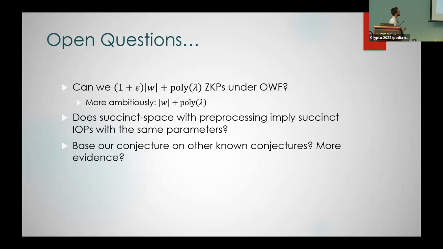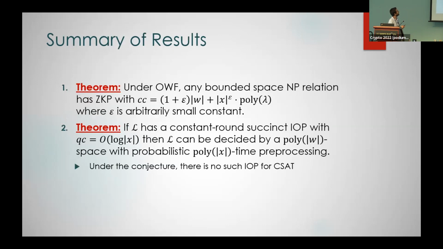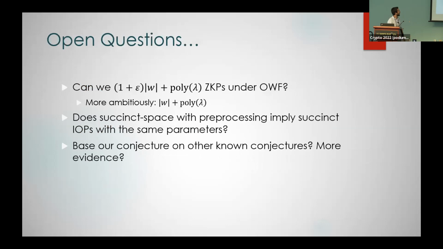So one of the open questions is, can we get rid of this power of the instance, even though it's arbitrarily small, but still we'd like to get a truly succinct zero knowledge proof and get rid of this thing. So that's the first question. The second question is, can we get the opposite of our compiler? Our compiler takes a succinct IOP and converts it to a small space algorithm with preprocessing.